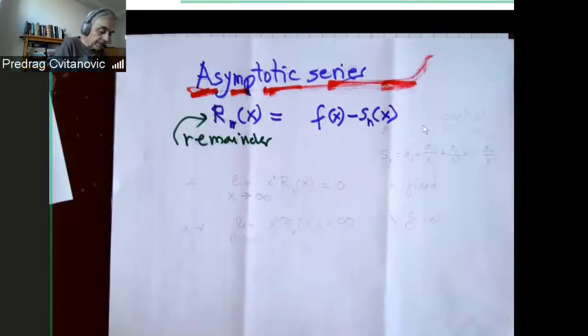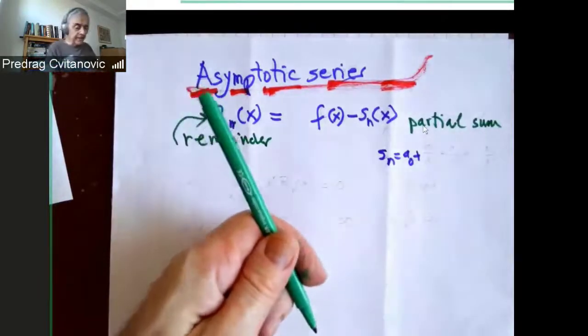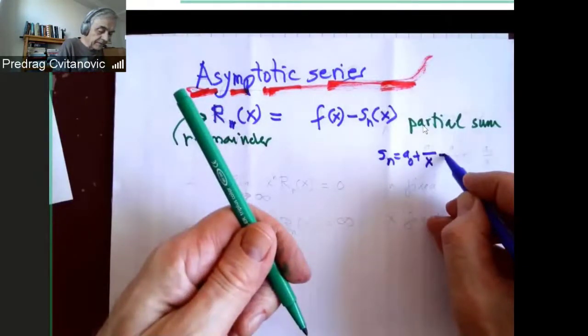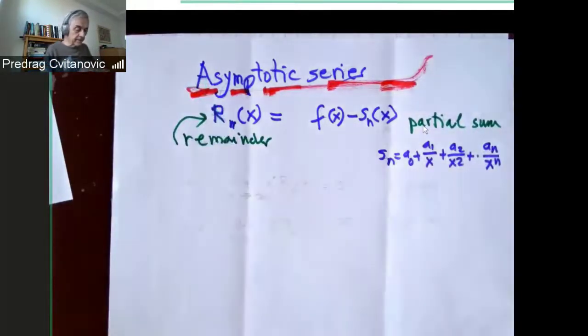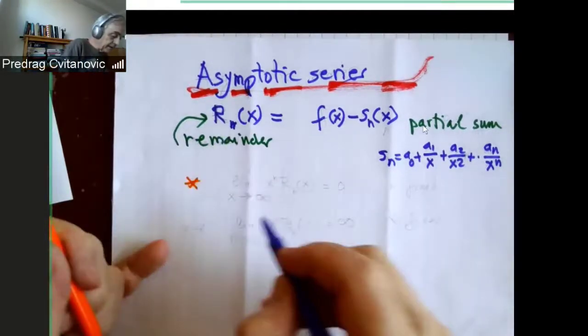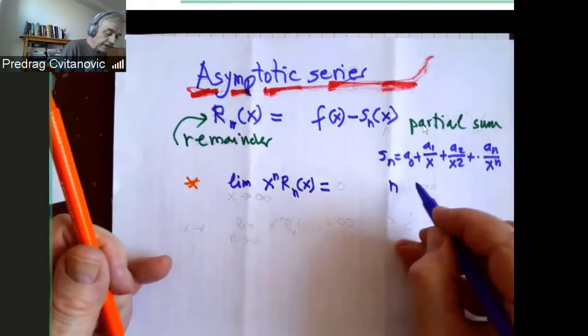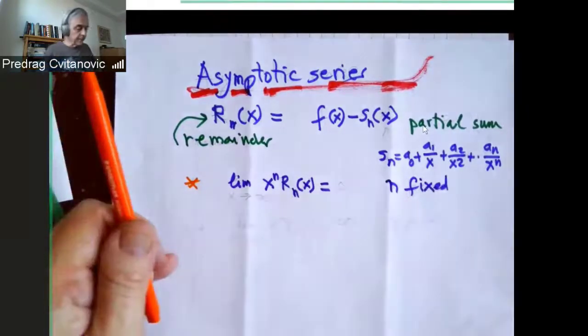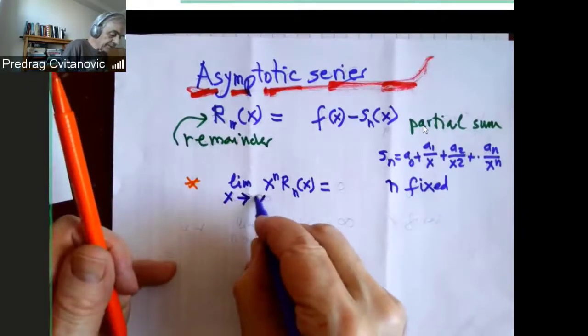And the partial sum, because you're looking at this at large x, it's natural to define in inverse powers of x squared. Go in powers that are inverse, so this gets to be a smaller number. And then he said, perform two tests. Take the limit for n fixed, so my nth approximation, and see how good it is as x goes to infinity.